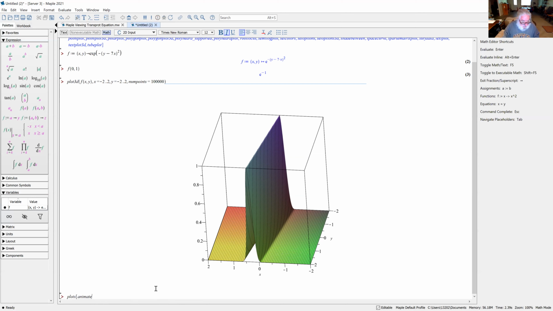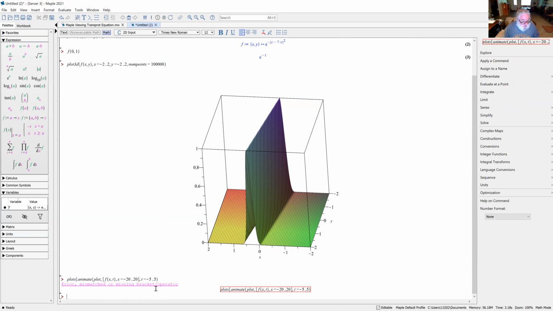And then what is the thing that I want to animate? Well, I have to tell it that I want to animate a plot. And I want to plot f of x comma t, for x equals, say, minus 20 dot dot 20, and it should be a square bracket, comma t equals minus 5 dot dot 5. So let's see if this actually works, and I should close that parentheses.